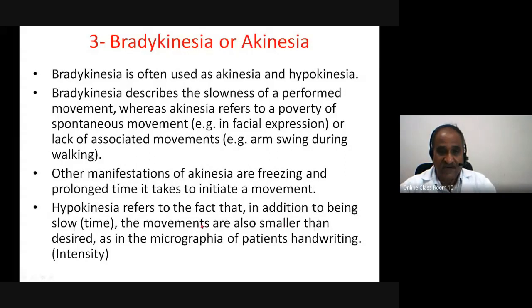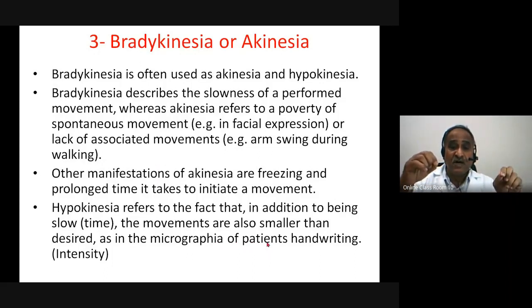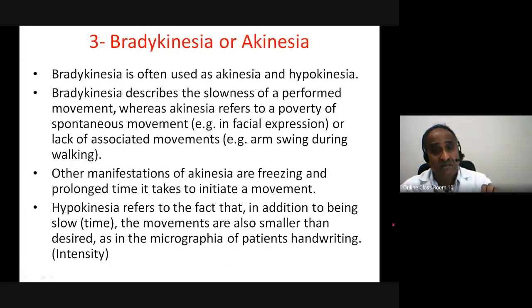Little force is developed. This can be depicted by micrographia as one example. Patients with Parkinsonism will have writing that may start large initially, then slowly become smaller and smaller, and finally become faint. They finally disappear. This is called micrographia.